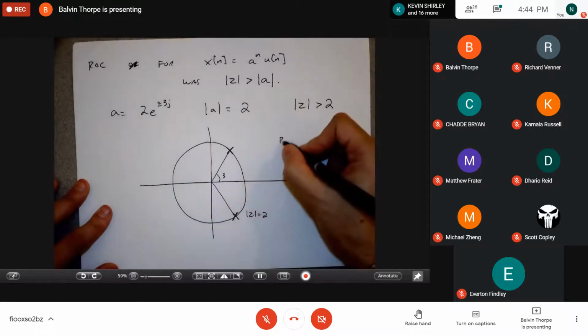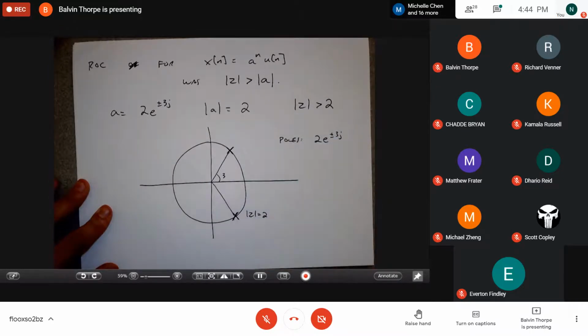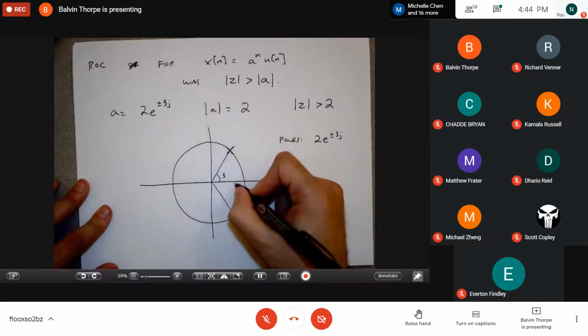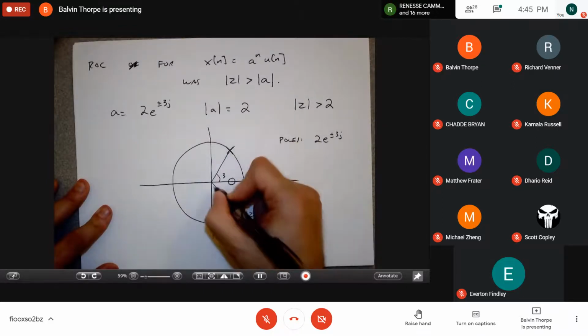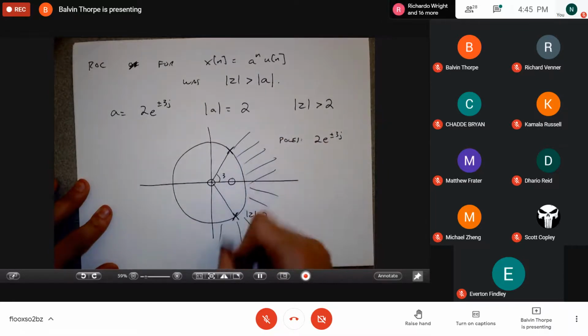So I get poles at 2e to the plus or minus 3j. And I'm going to get zeros at basically this location and this location. And my ROC looks like this.